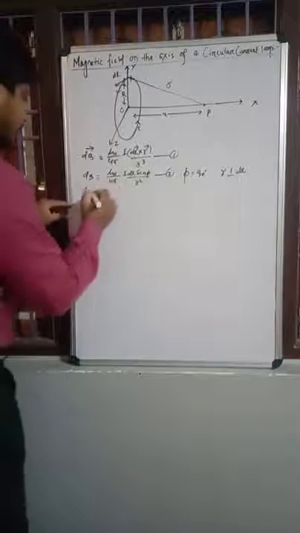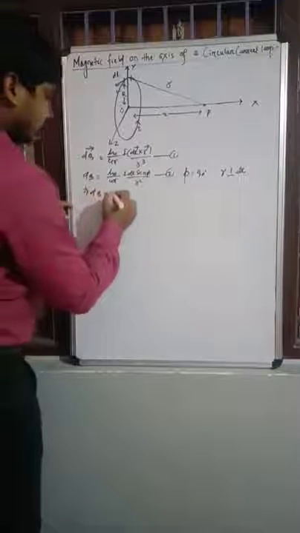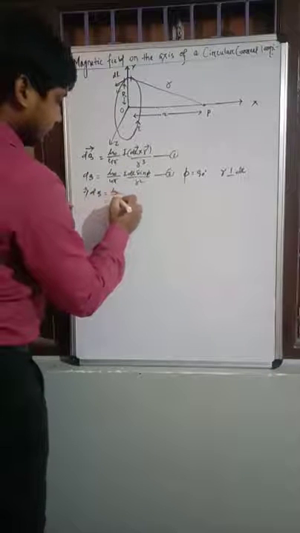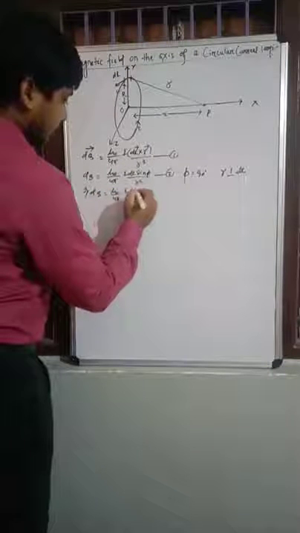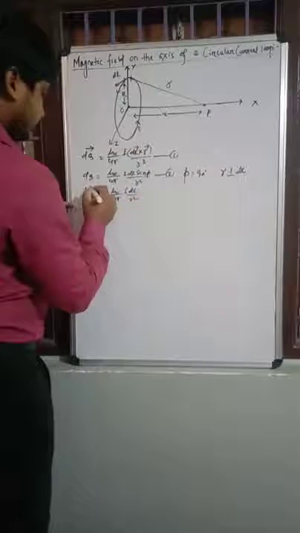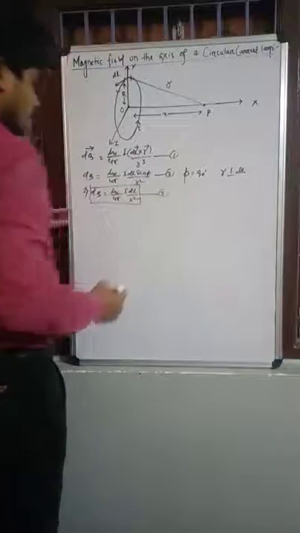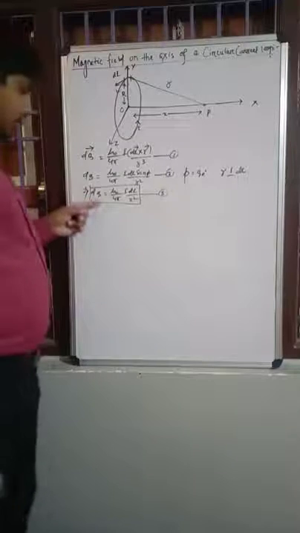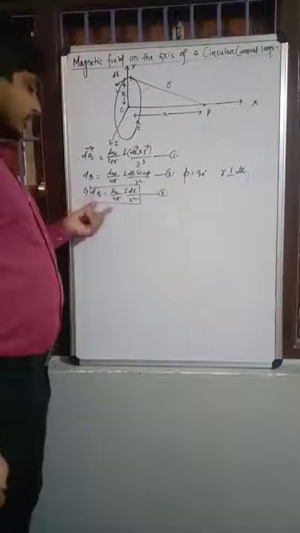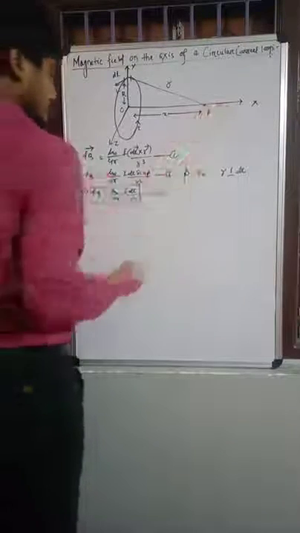So you will get the magnetic field dB given by mu naught by 4 pi I dl by r square. So this is the magnitude of this magnetic field at the point P due to the element dl.